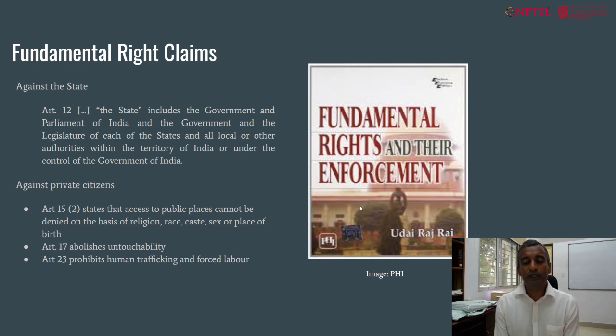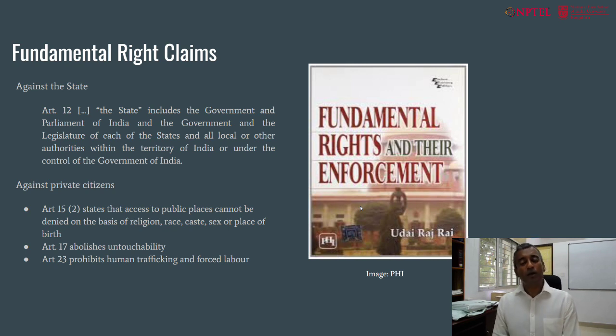So we have no doubt in our minds that the state is bound, the state in all its manifestations. There is a question on the boundaries of what are local authorities, should courts be included in local authorities and so on, but no final decision. We would need to get into a lot more detail to understand that aspect of the Constitution.